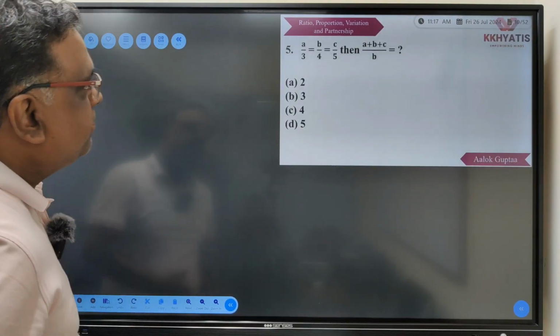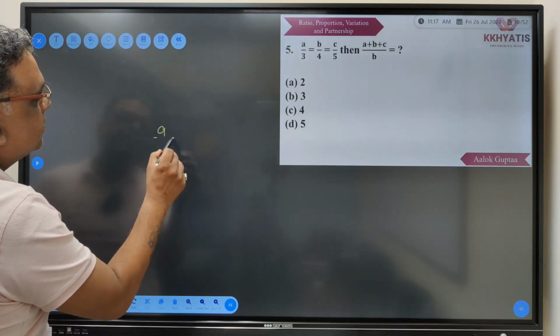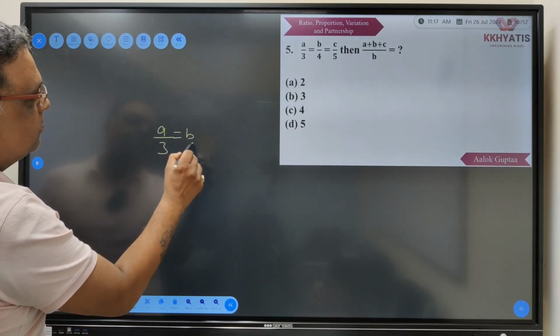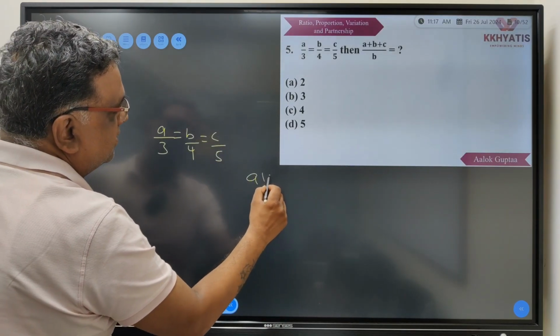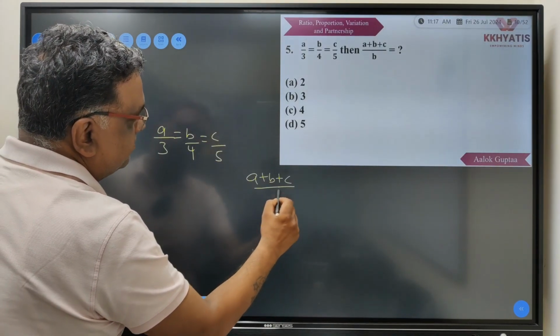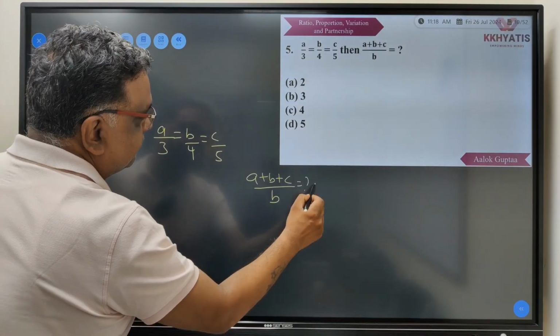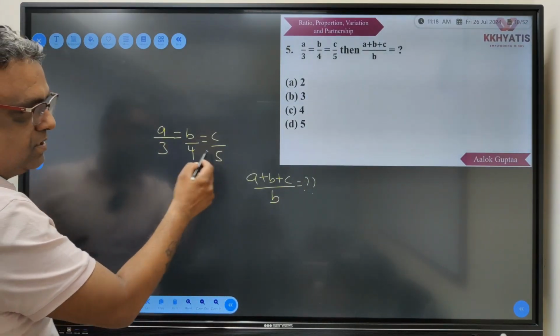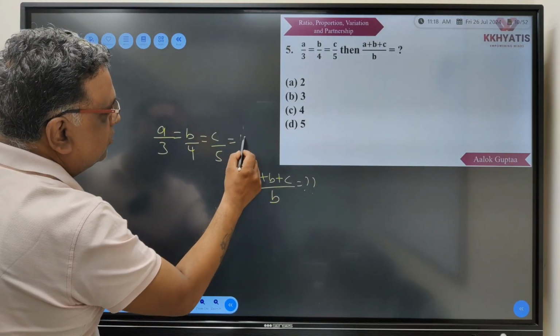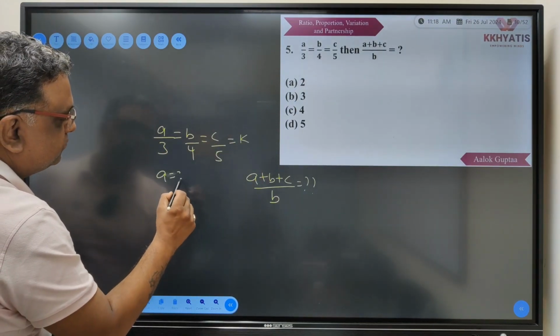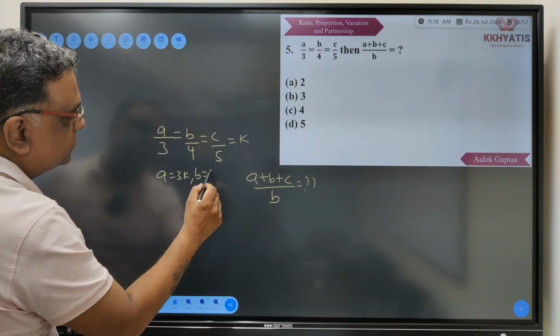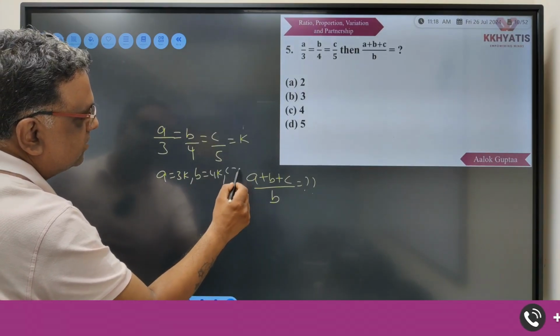Okay, so if A upon 3 equals B upon 4 equals C upon 5, then you have to find the ratio of A plus B plus C upon B. Again, all these three quantities are the same, so I can assume that to be K, which means A becomes 3K, B becomes 4K, and C becomes 5K.